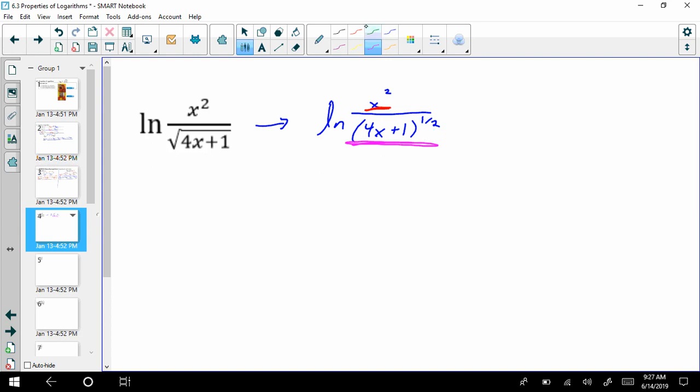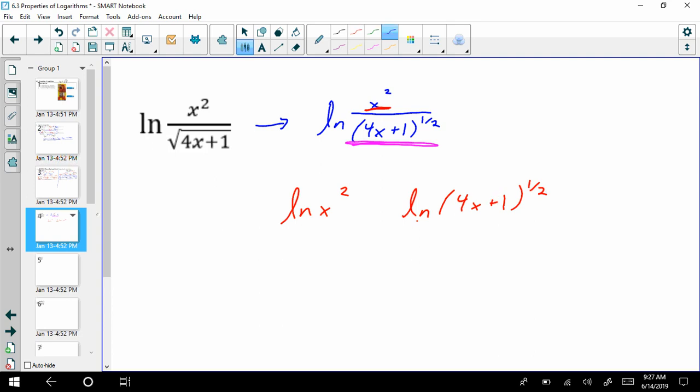So this problem is actually only going to break into 2 logarithms. I'm going to have a natural log of my x squared, and I'm going to have a natural log of 4x plus 1 raised to the 1/2. That 4x plus 1 cannot be broken apart because it's in parentheses raised to the 1/2. It has to stay together. That addition really screws things up.